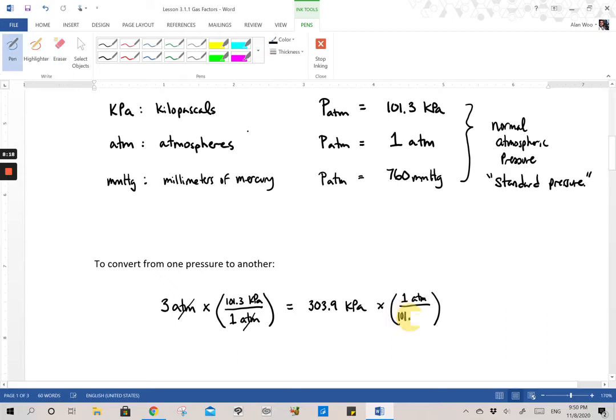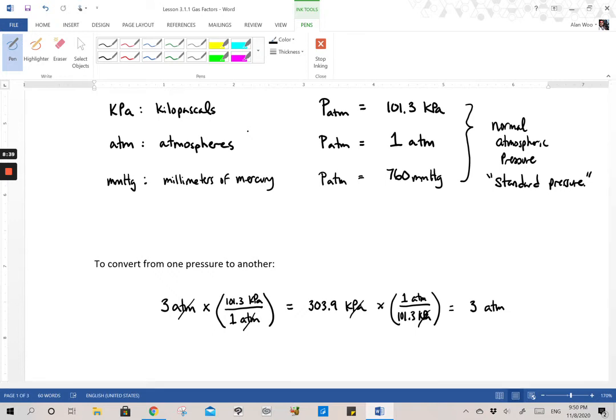So 101.3 kPa. So kPa cancels out now, and 303.9 divided by 101.3 gives me my original 3 back in ATM.